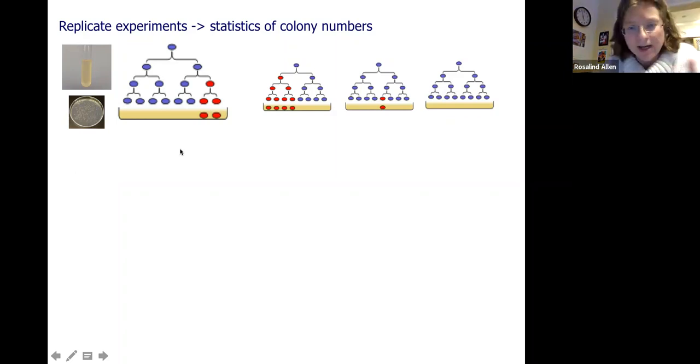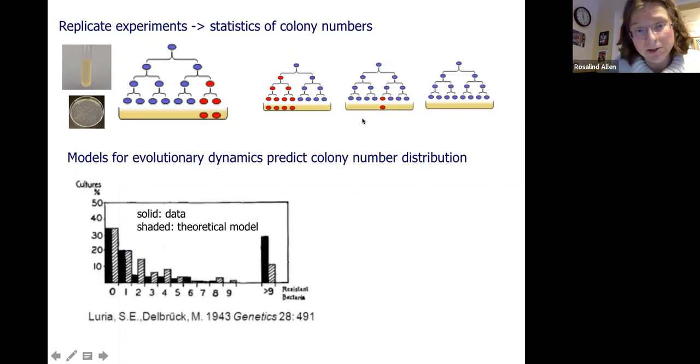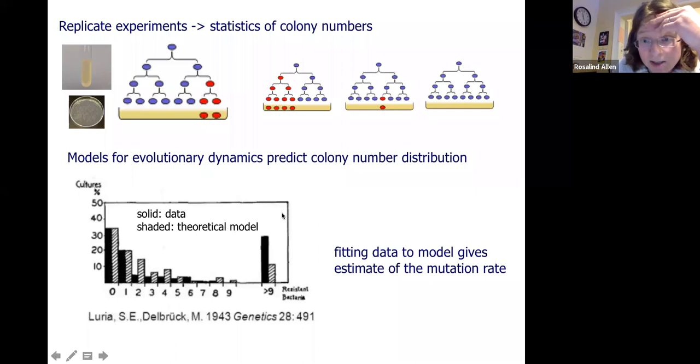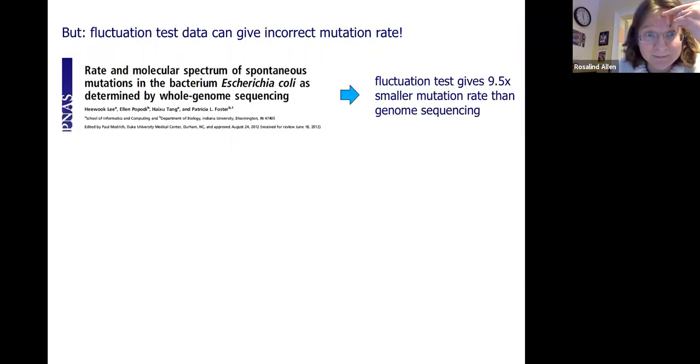And of course, due to the exponential growth, you're going to get a wide-tailed distribution where occasionally you get an early mutant which has many progeny, and more often you get a late mutant that has few progeny. So that's a characteristic distribution associated with the number of colonies on this plate. And by fitting that to theoretical models, you can estimate the mutation rate. And this is how microbiologists estimate mutation rates.